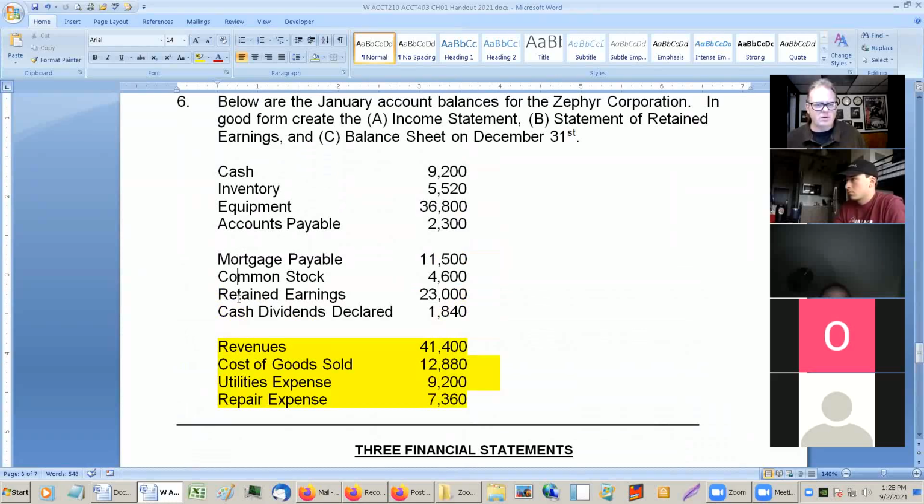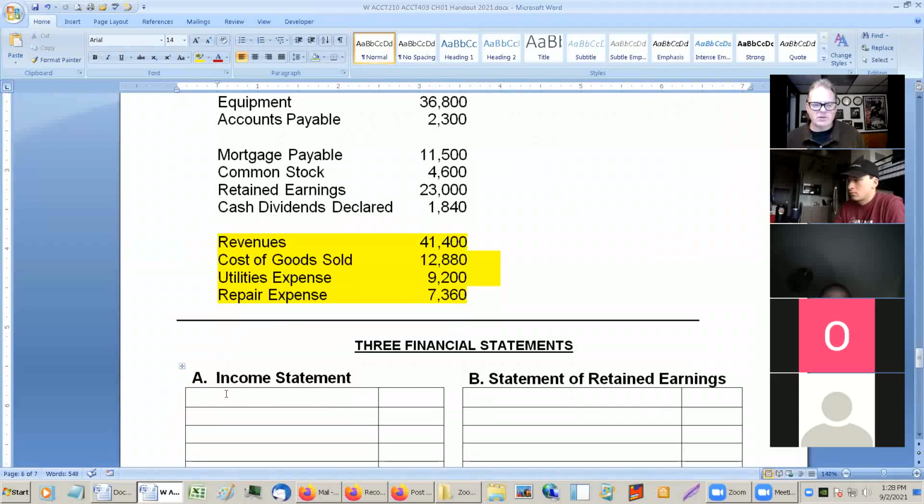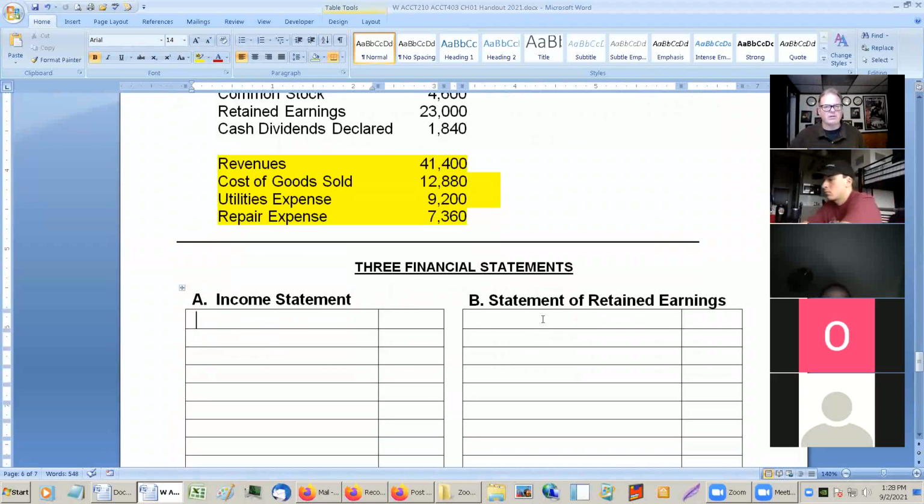Nope. Okay, so revenues we start out with. This is money that we earn from our customers. Now, all the rest of the stuff is going to be negative, stuff going out.